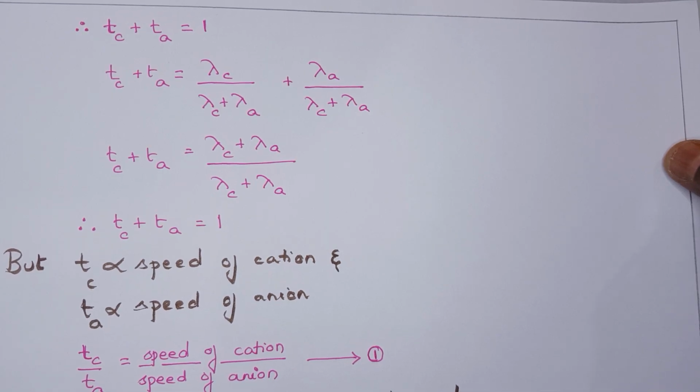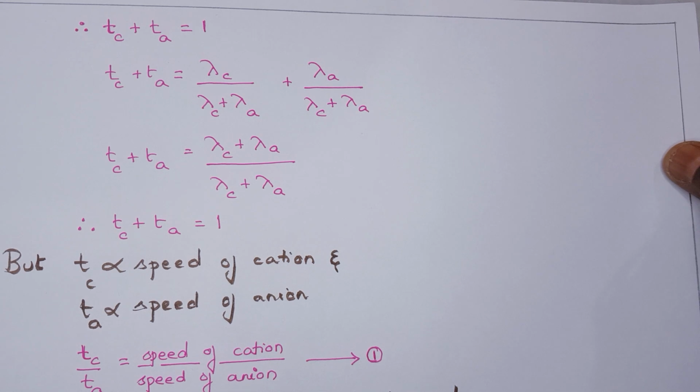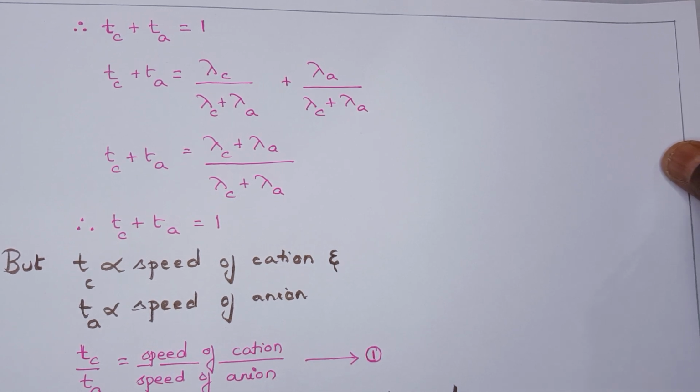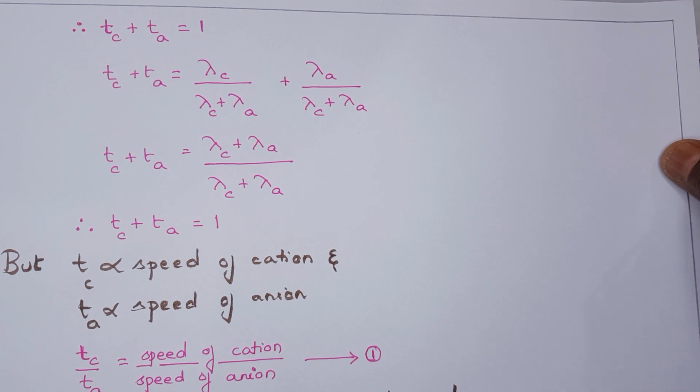Look here, students. Tc plus Ta is equal to 1. We know Tc equals lambda C by lambda C plus lambda A, and Ta is equal to lambda A by lambda C plus lambda A. We will add these two.